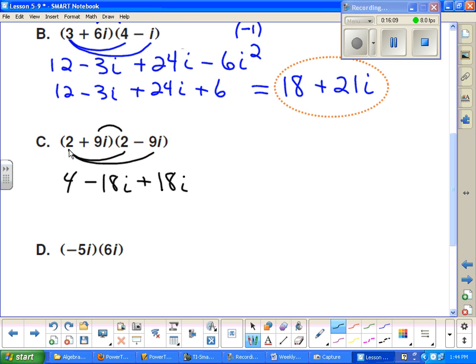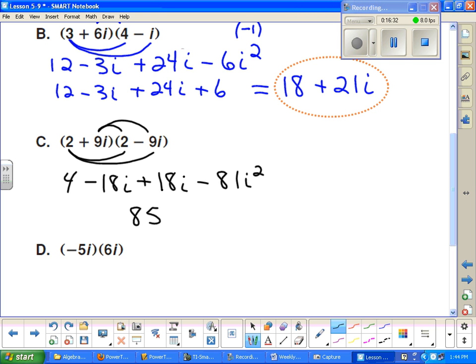Oh, that's nice, isn't it? That makes 0. And if I multiply these, I get negative 81i squared. And if i squared is negative 1, that makes this equal to positive 81. So this is going to be 4 plus 81, which is 85.